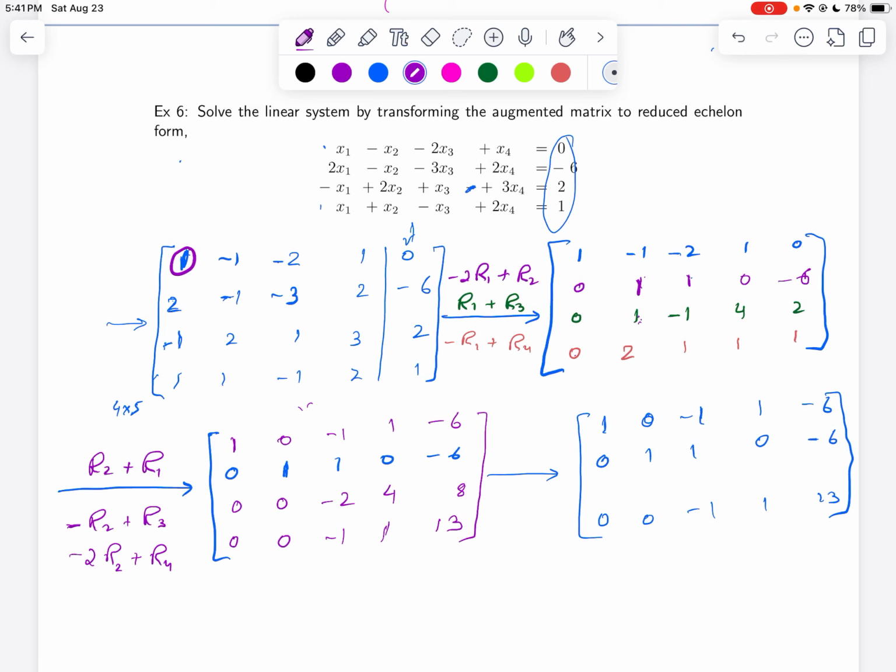So now we will use this pivot number to make the numbers below it 0. So to get this 2, this -1, and this 1 to be zeros, we have to use the row operations.